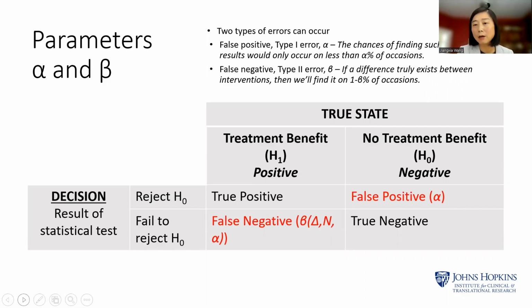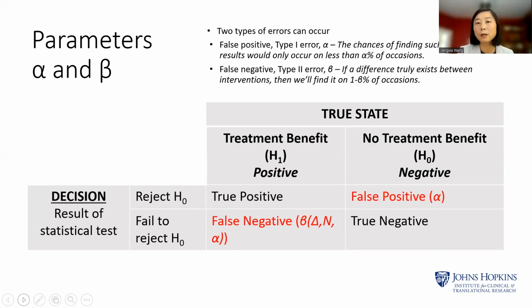As we can see, there are 4 outcomes. So we either correctly conclude there's a treatment effect when there actually is, or we conclude there's no effect when actually there's no treatment effect. But then there are two types of error that can occur.